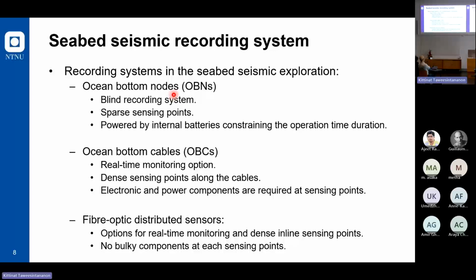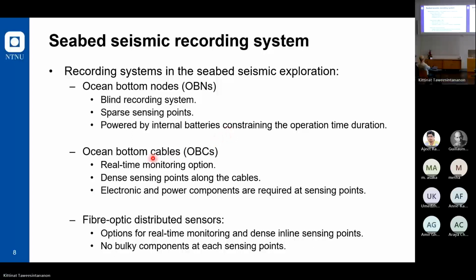There is no cable attached to each seismic receiver, so it is a blind recording system, and it has sparse sensing points because you need to limit your geometry. Each node is powered by internal batteries, constraining the operation time. So you need good management of how to deploy, how to pick up, and how to load the data to the computer.